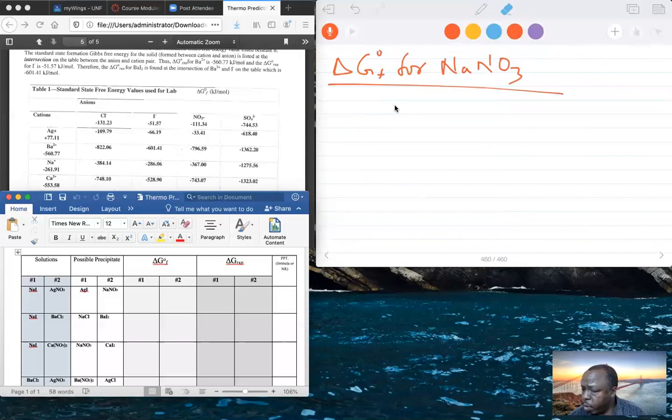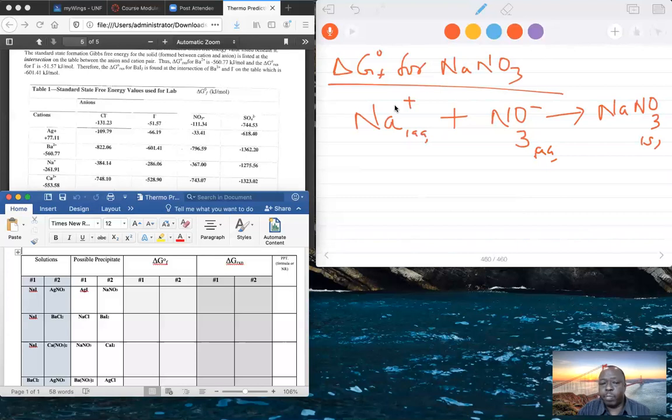We are saying Na+ aqueous plus NO3- aqueous to form NaNO3 solid. Remember, it's a precipitate. You have to force it to make it a precipitate. We don't know at this time. We are forcing it to make a precipitate.